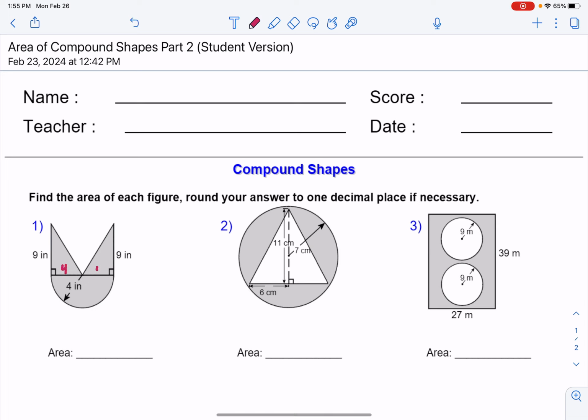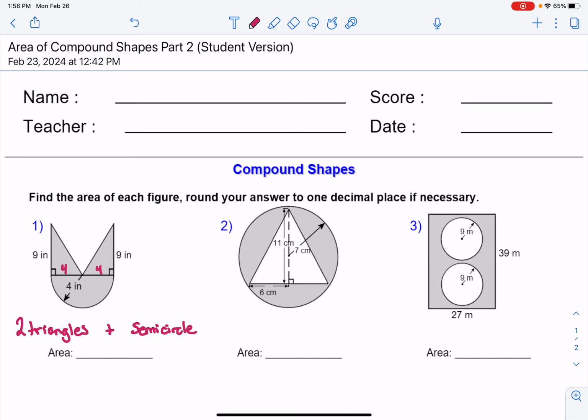And that's the case for both of those triangles. So in order to find the total area of this figure, we're going to add together the 2 triangles plus the semicircle. That's our game plan.